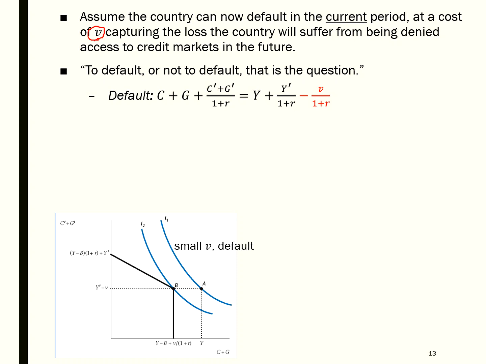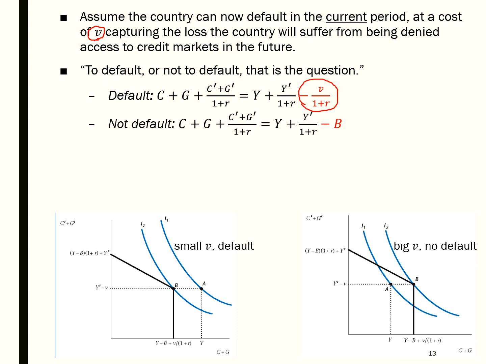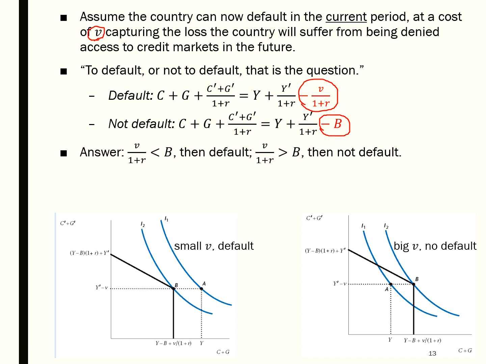If it chooses to default, then the right-hand side will have to take into account the present value of V. If it doesn't default, then the right-hand side will have to put this minus B as an extra outflow. The answer to this default decision is simple. If the present value of the default cost is less than B, then you should default. Otherwise, you should not default.